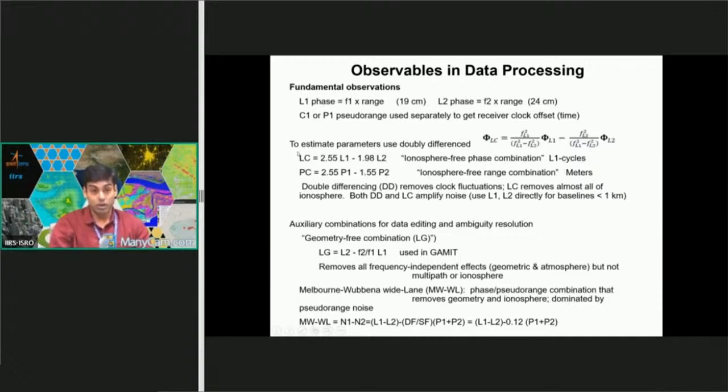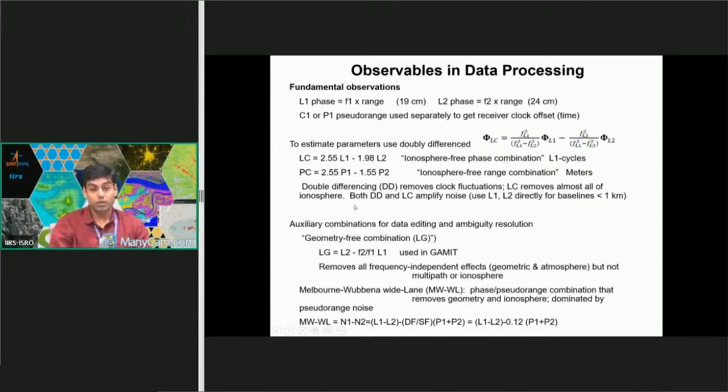We have to do the linear combination to remove the ionosphere, and we have to use this PC formula to remove the geometry and troposphere correction.